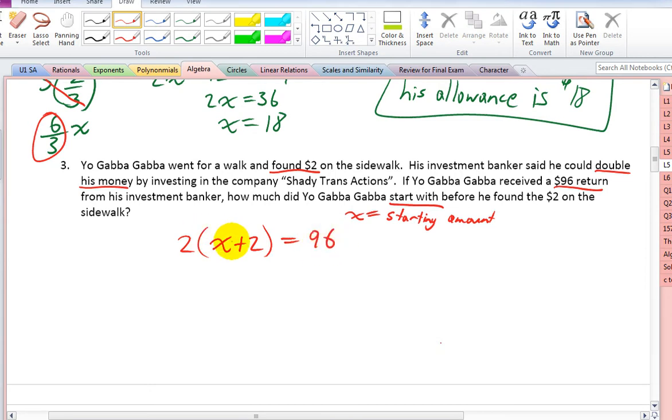So this is a little bit harder one with the brackets. You have to understand that he added money first and then the whole thing doubled. And that's why we need to have brackets there. Okay, go for it, solve for X. Real quick, spit spot. That's Mary Poppins, right? Anyways.